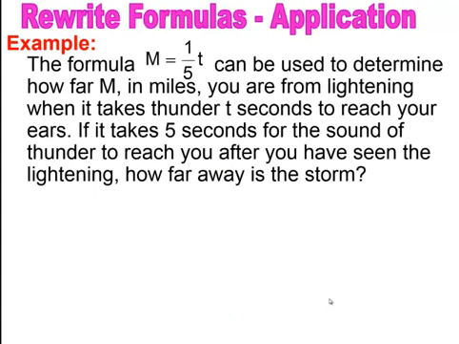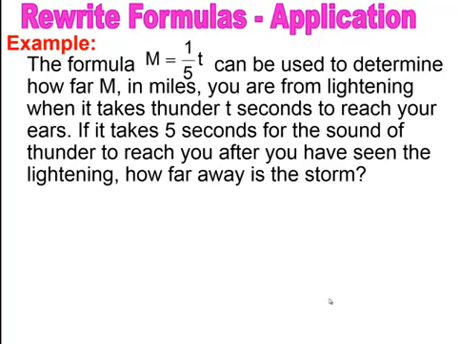So this last example, we're going to be using formulas to actually do application problems. So this formula here, the formula m equals 1/5 t, can be used to determine how far, m in miles, you are from lightning, when it's taking thunder t seconds to reach your ear.